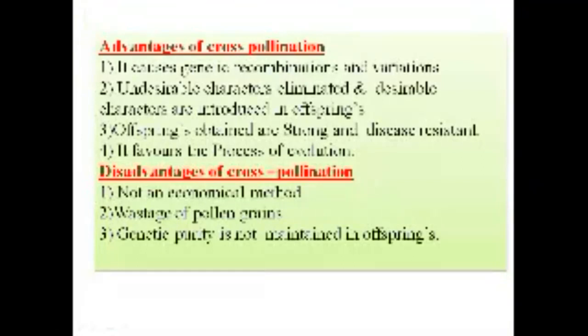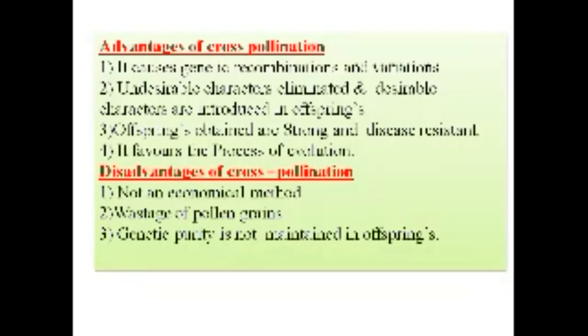Undesirable characters, the characters in which our interest is nil, or the characters that do not have much importance, these undesirable characters are eliminated and desirable characters are introduced in offsprings by cross-pollination. So cross-pollination is more significant.